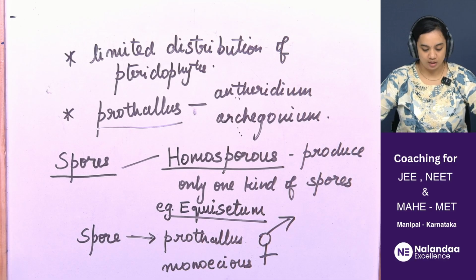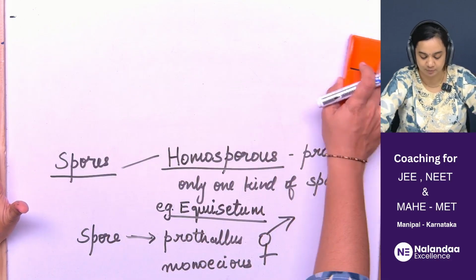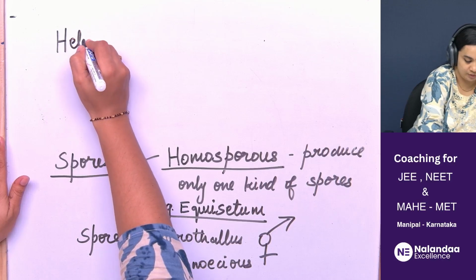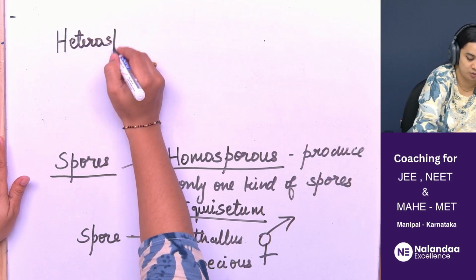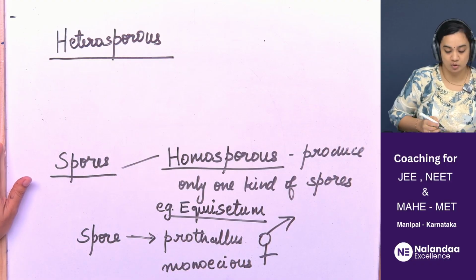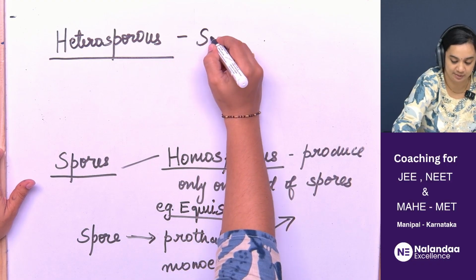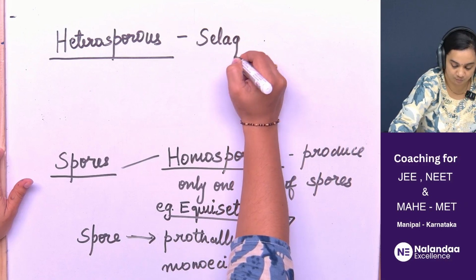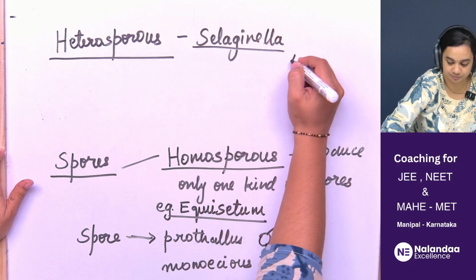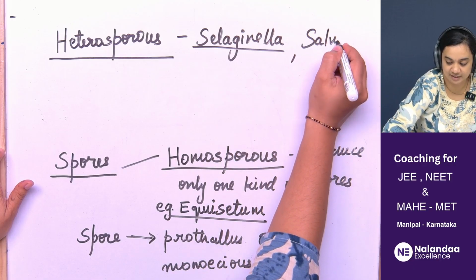Now coming to the second type of pteridophyte. This is important. Heterosporous pteridophytes. Example, Selaginella and Salvinia.